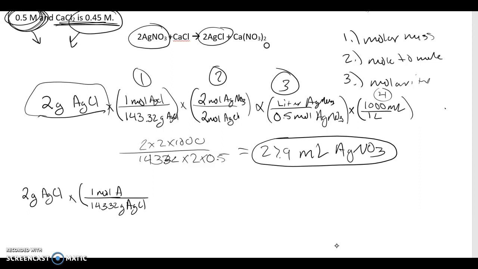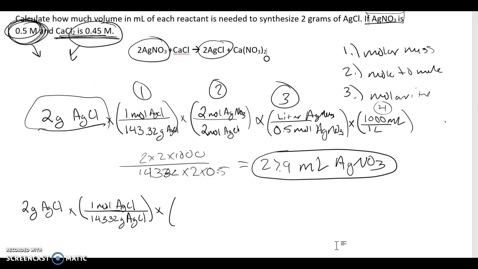AgCl. We're going to multiply that by a mole to mole conversion. So now that we have moles, we're going to figure out how many moles of the other solution we're going to need. So we have 1 mole of calcium chloride per 2 moles of AgCl. So we have 2 moles of AgCl over 1 mole of calcium chloride. All right, so that is your mole to mole.